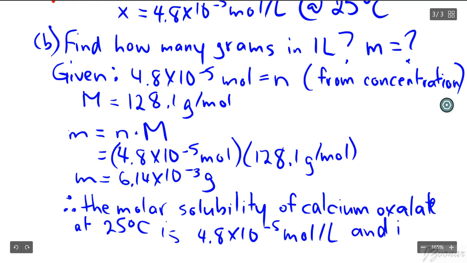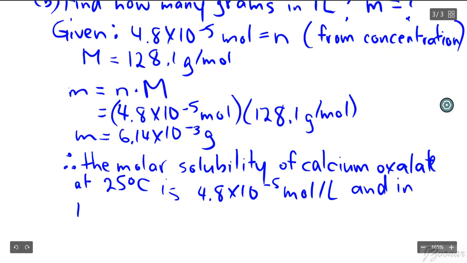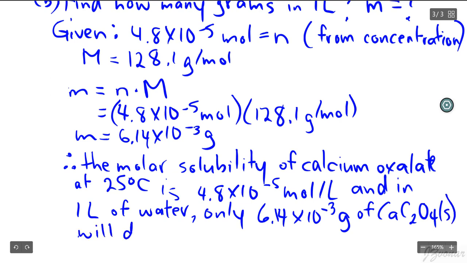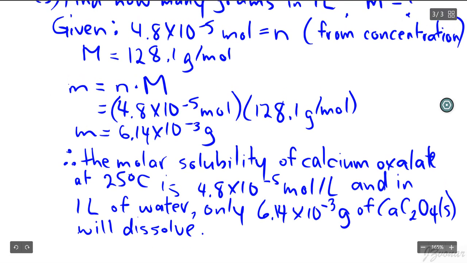And in 1 liter of water, only 6.14 times 10 to the negative 3 grams of calcium oxalate will dissolve. So we've answered both parts of the question. So this is a bit of a reverse of the previous question.